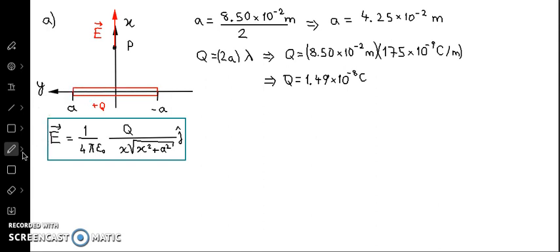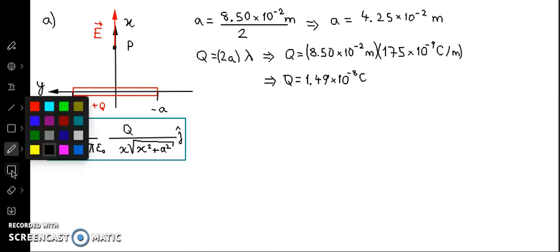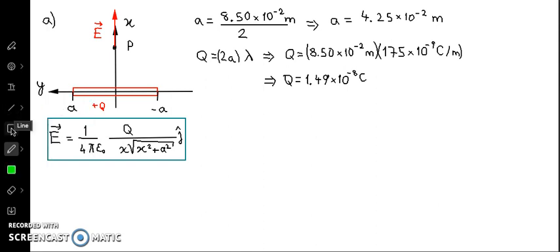If we multiply lambda by the length of the wire, that gives us the total charge on the wire, which is what I'm calculating here. But what is A? Well, in the original problem, the wire extends from negative A to positive A, so A is equal to the length of the wire divided by 2.